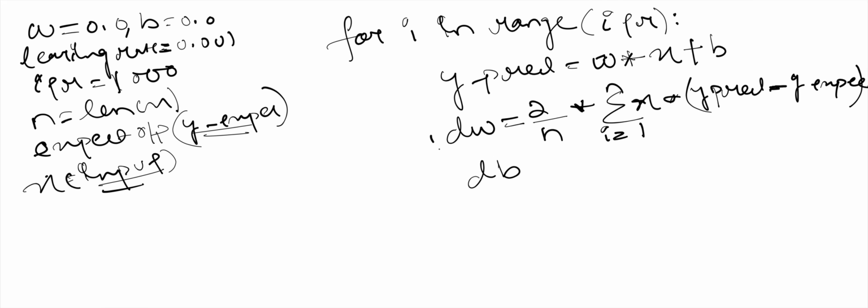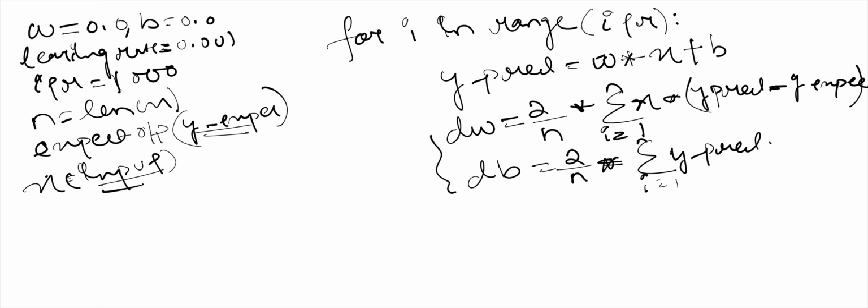I know here you are going to get confused. I will explain. dw is equals to 2 by n into summation of i equals 1 to n, y prediction minus y expected.